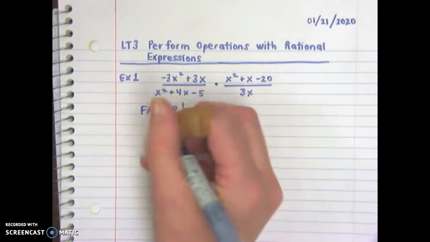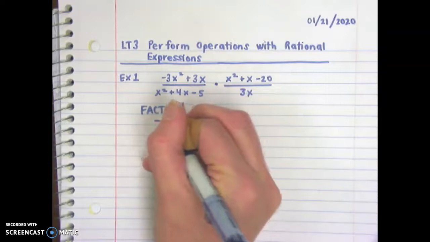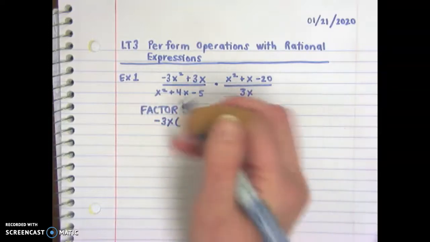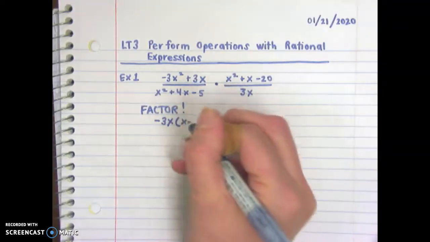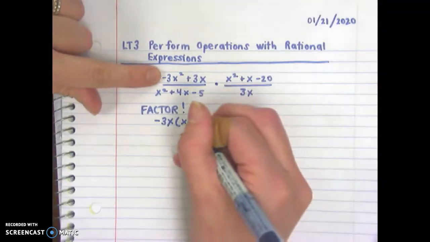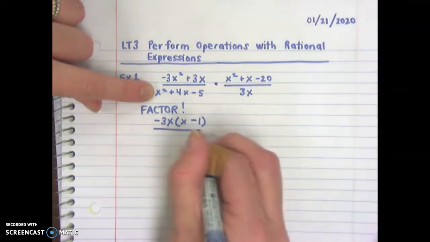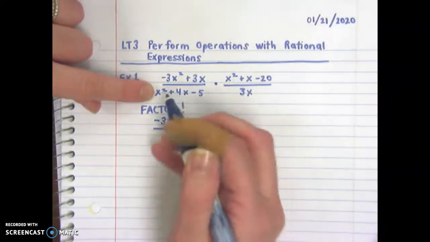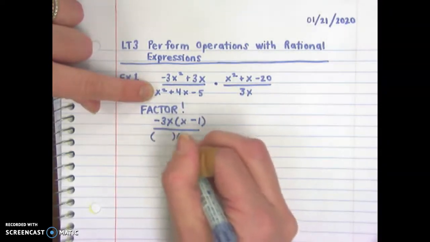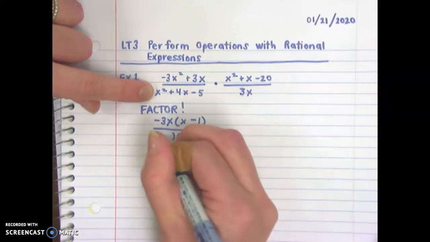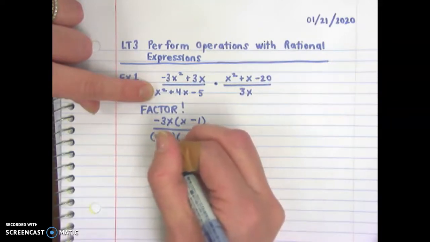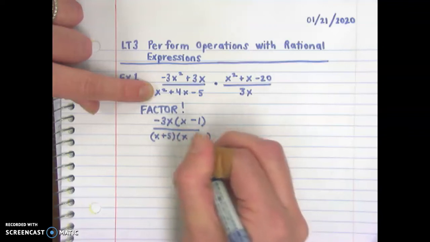Factoring the first expression, we factor out a negative 3x. That's my GCF. We're left with x minus 1. In the denominator, two numbers that multiply to negative 5 and add up to 4 are x plus 5 and x minus 1.